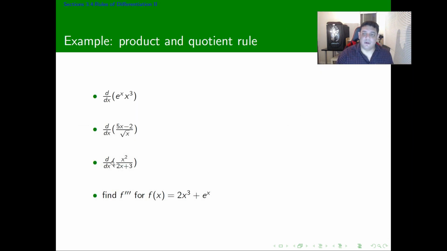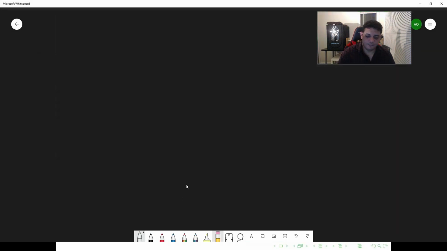Now let's go for another example, the derivative of x squared over 2x plus 3. And here again, we can use the quotient rule.